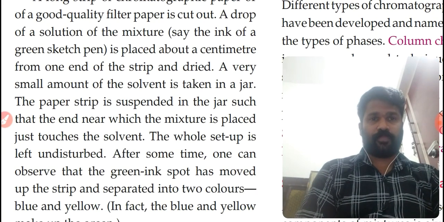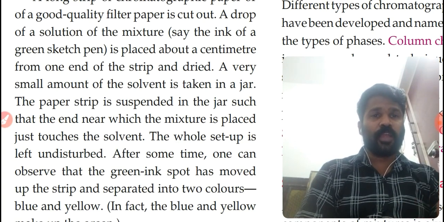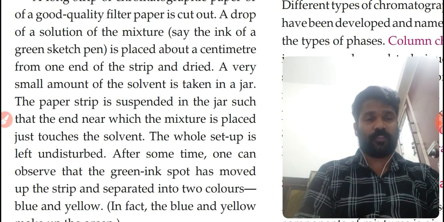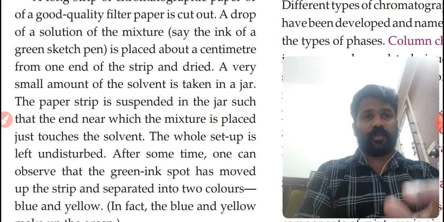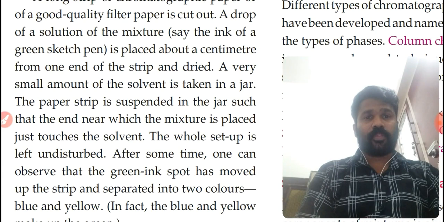After some time, one can observe that the green ink spot has moved up the strip as different colors. We just kept one or two drops of green ink there, but after it is absorbed by the filter paper, it changes into different colors.